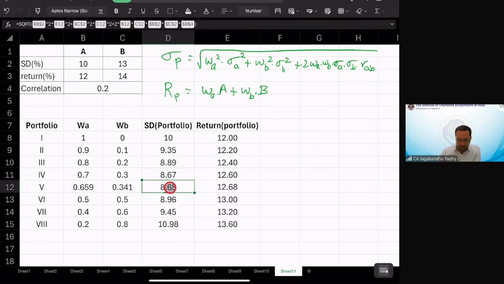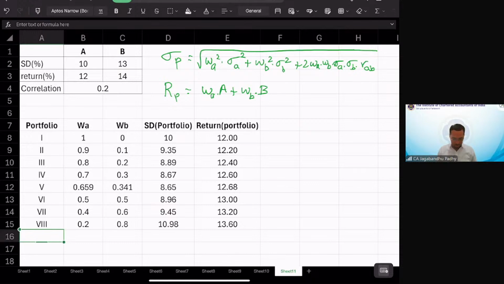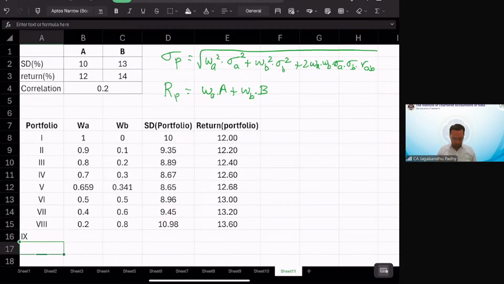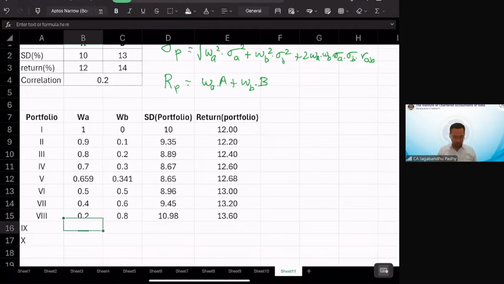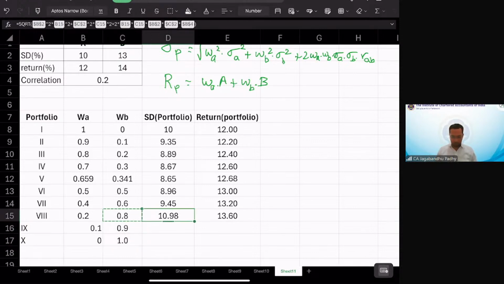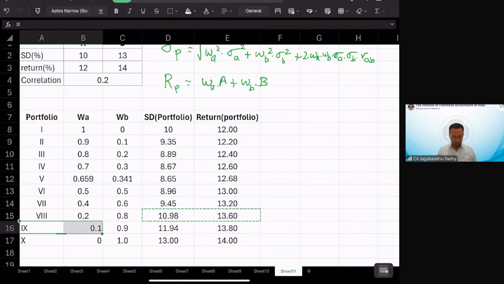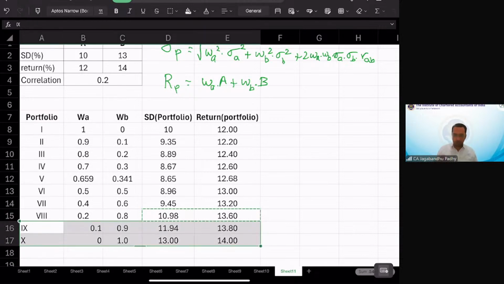And what happens beyond the fifth portfolio? If I introduce one or two more portfolios, with weightages of 0.1 and 0, and apply it here, what do we observe?